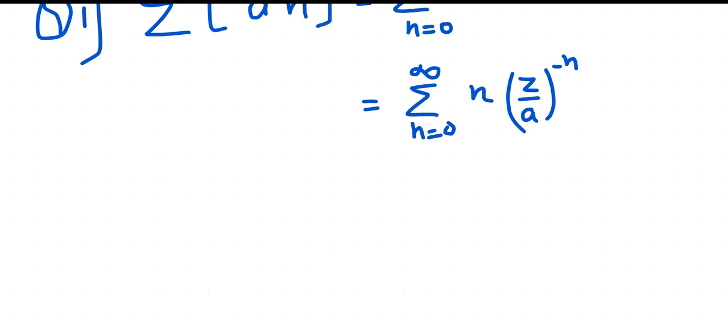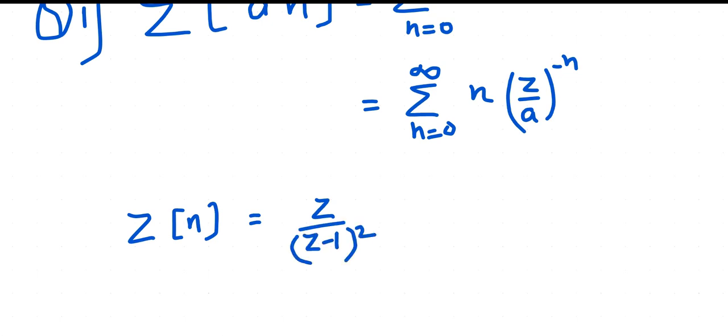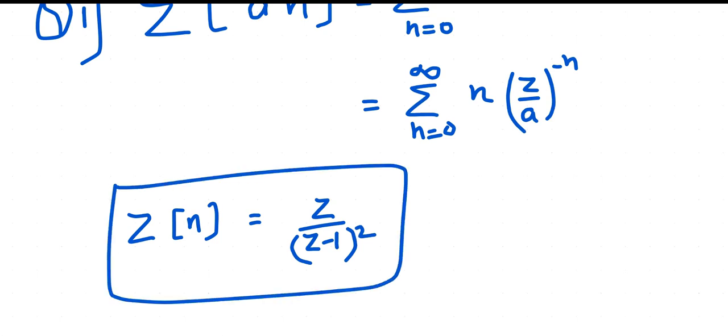We have done Z of n is equal to z over (z minus 1) whole square some time ago. But here, instead of z, we have z over a. So where we have z only, we will use z over a.